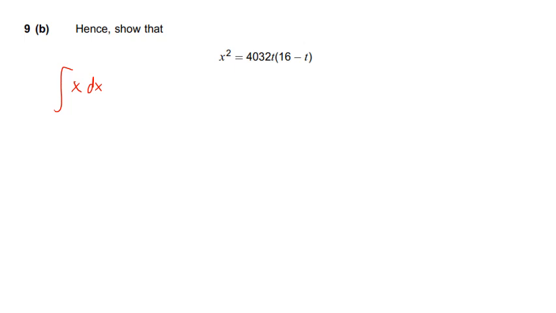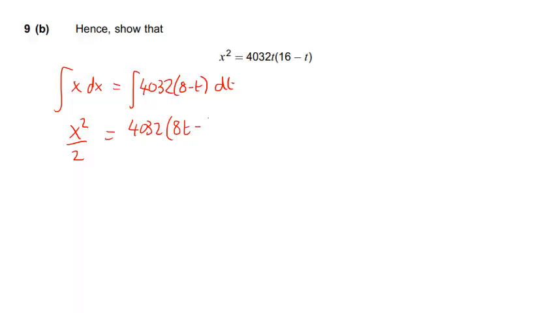So if we move the dt to the right, we've got x dx is equal to 4032, 8 minus t, and we're moving the dt to the right and then integrating both sides. So on the left, I've got x squared over 2. On the right, I've got 4032, and then integrate this bit. I don't need to integrate the 4032, that's just a constant. I'm going to get 8t minus t squared over 2, and then plus c.